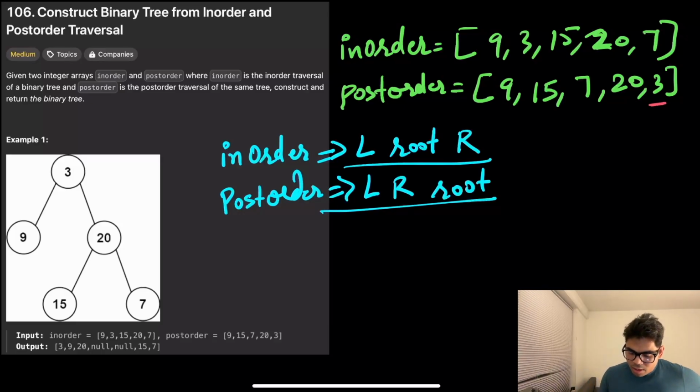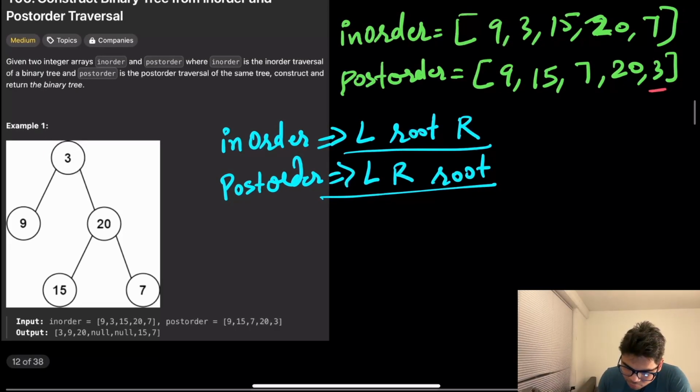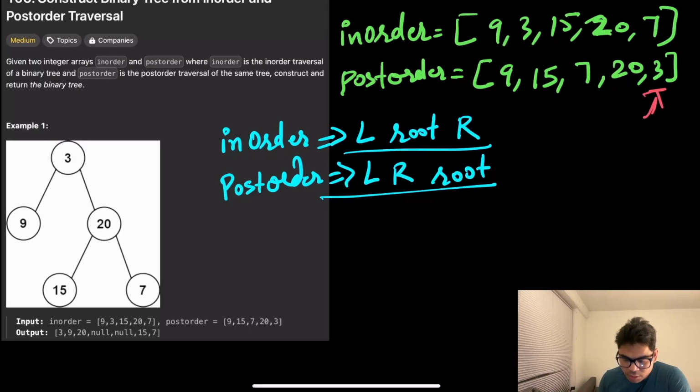So if I tell you, in order to construct the binary tree using post-order and in-order, I will simply first pop the value from my post-order and make the node out of it, and then I look for that value in my in-order.